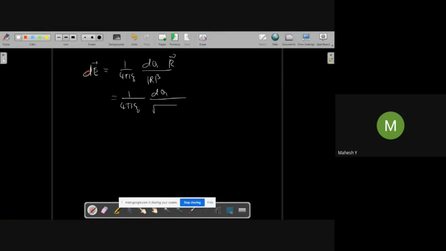Mod r is nothing but the square root of rho square plus z prime square, whole cube, into vector r, which is nothing but rho a rho cap minus z prime az cap. So this is dE. Now how to get the E from this one?